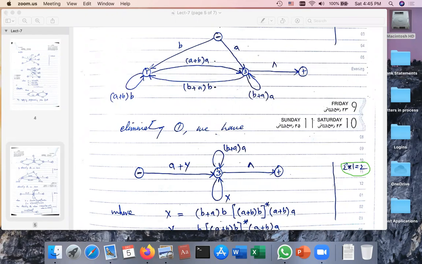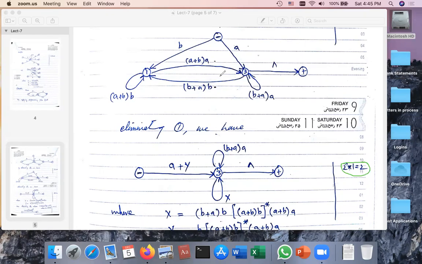If I remove this from this initial state, I can take this B and then this A plus B into B whole star, and then A plus B into A, and then I can reach 3. This is one edge. And what is the other edge?